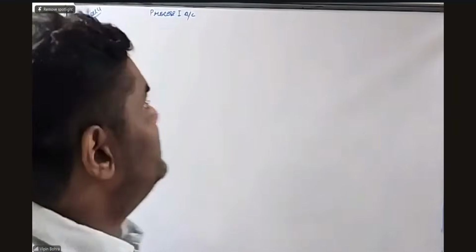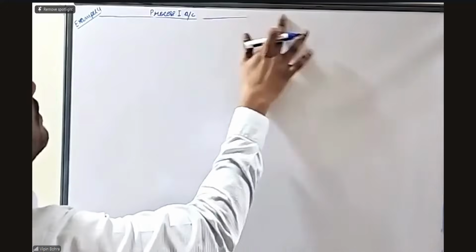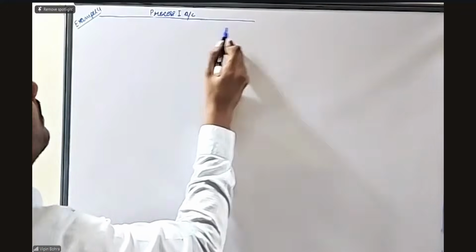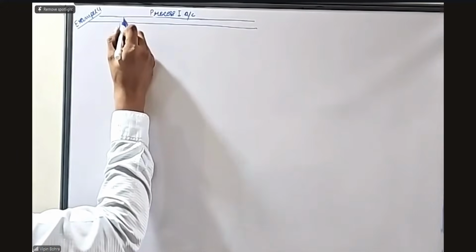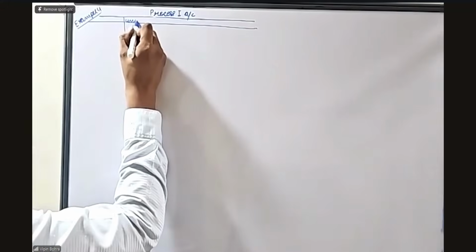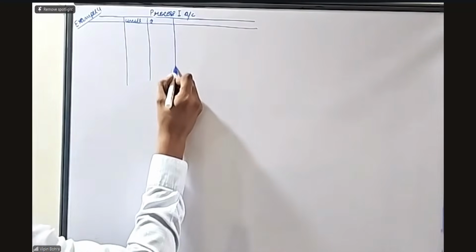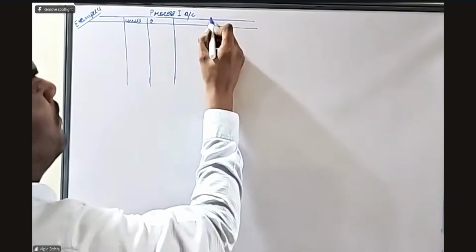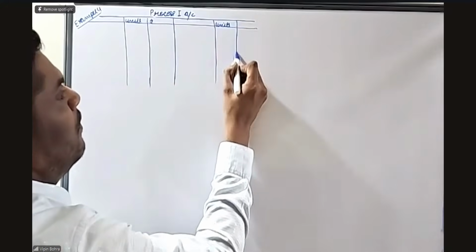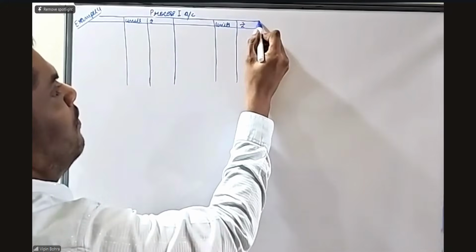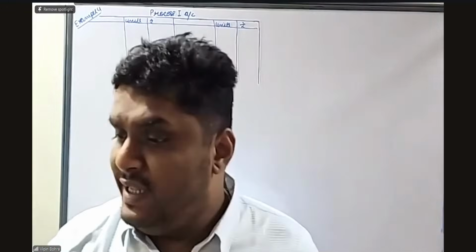So let's start with process first account. So the first thing is raw material used.